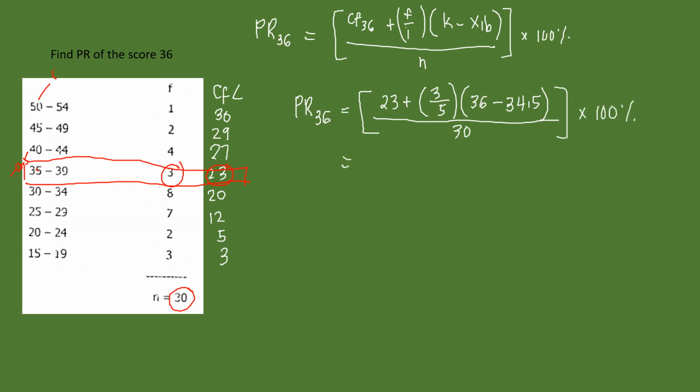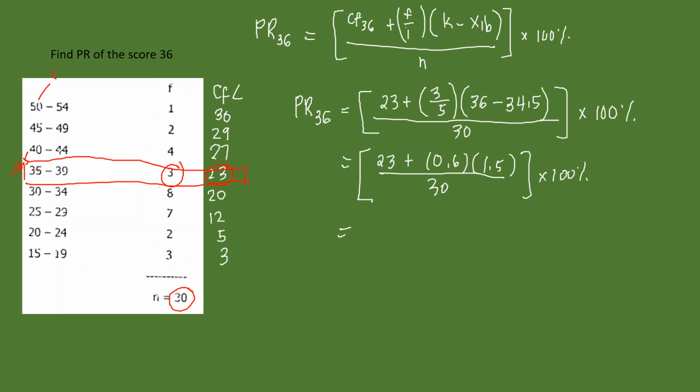Now let us solve first the ones inside the bracket, because that is the first to be simplified. So let us simplify first 3 over 5. We have 3 divided by 5, that is 0.6. So I'll put here 23 plus 0.6 times 36 minus 34.5, that gives you 1.5, divided by 30 times 100%.